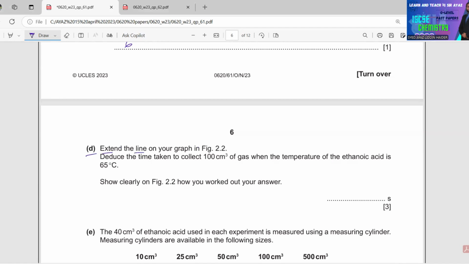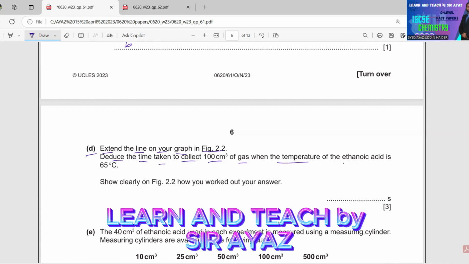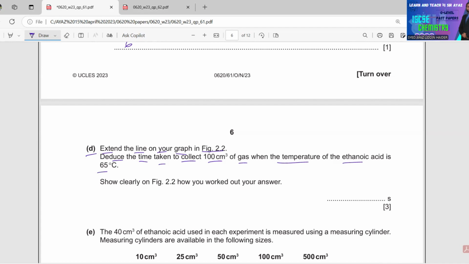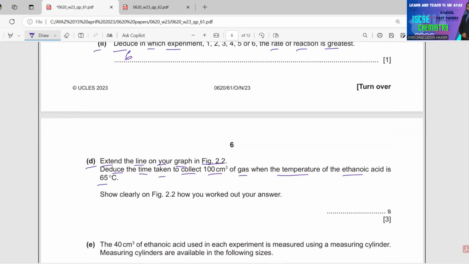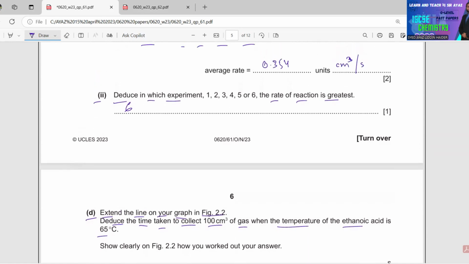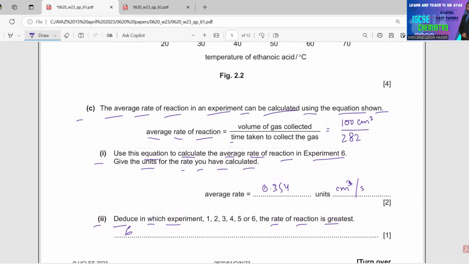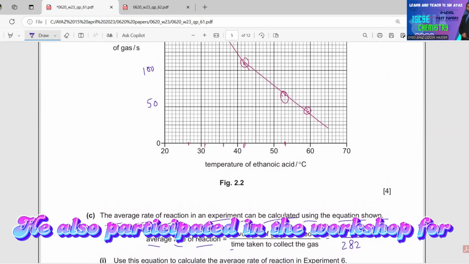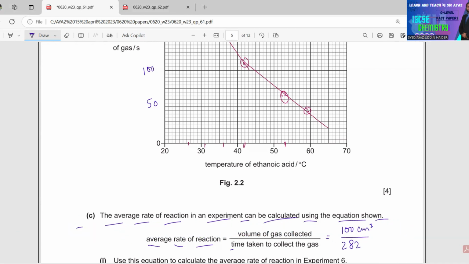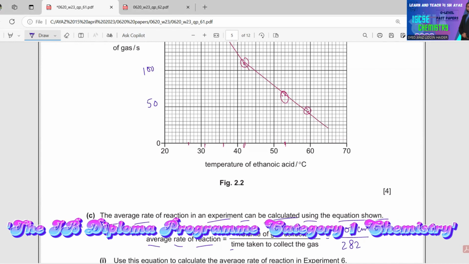D, extend the line on your graph in figure 2.2. Reduce the time taken to collect 100 centimeter cube of gas when the temperature of the ethanoic acid is 65 degrees centigrade. So here's the temperature. 65 degrees centigrade means 1, 2, 3, 4, 5. This is 65 degrees centigrade.